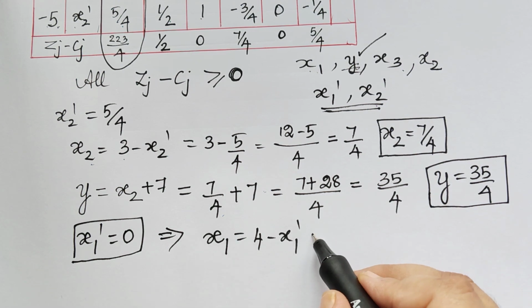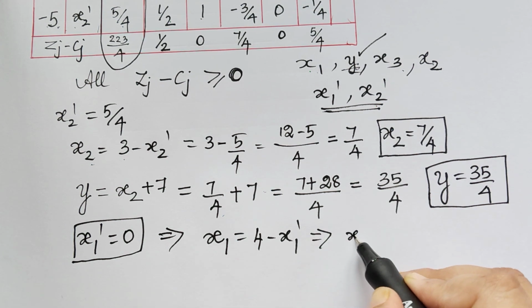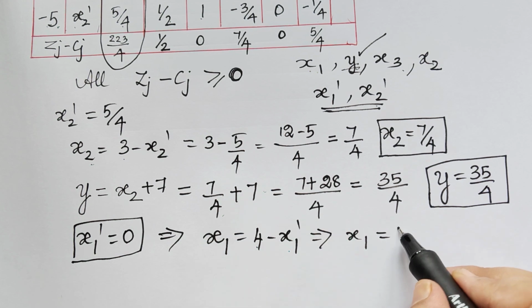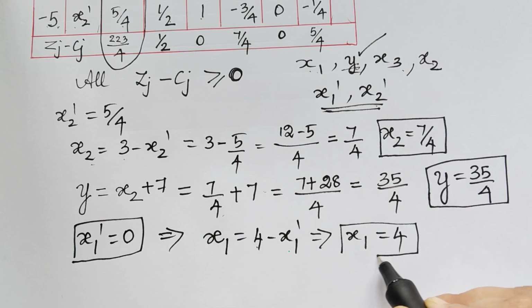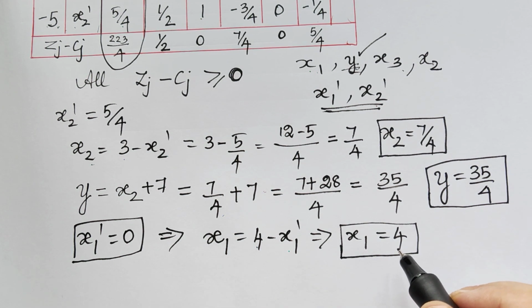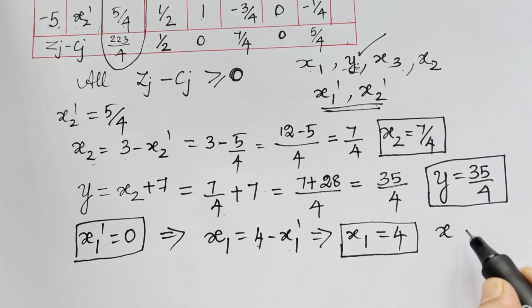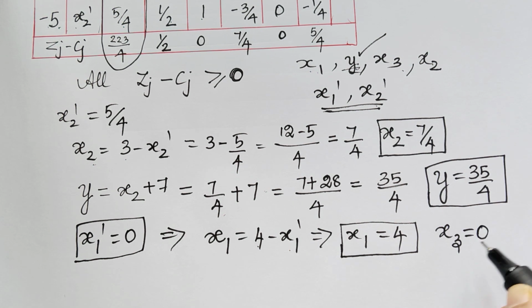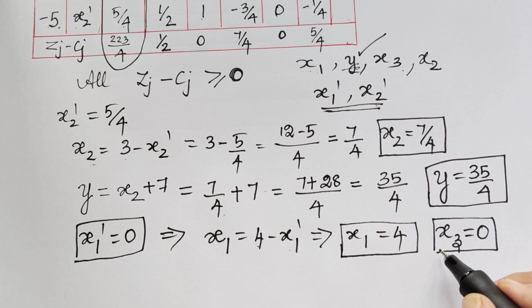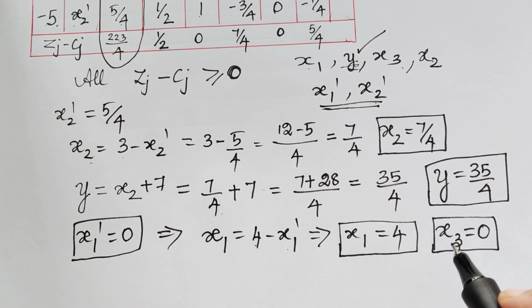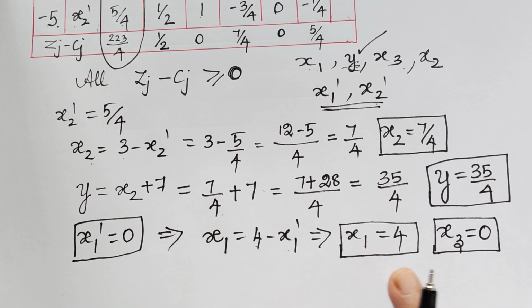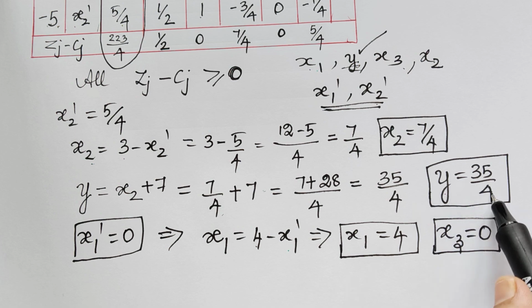So 4 minus x1 dash, which implies that x1 will be equal to 4 minus 0, which is 4. Therefore the value of x1 will be equal to 4. And we do not have x3, so therefore the value of x3 will be taken as 0. So finally we have obtained the values of x1 equal to 4, y equal to 35 by 4, and x3 is 0.